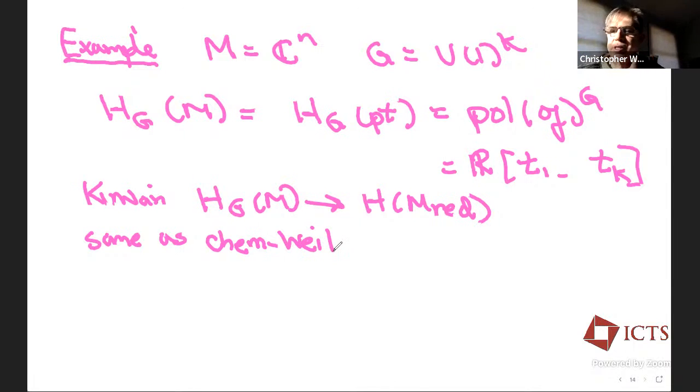Yeah, the question was, is it homotopy invariant? So it's homotopy invariant for equivariant maps.